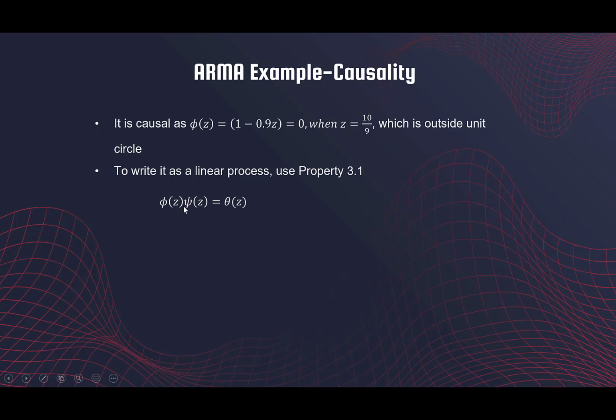So psi operator is what we need to determine, right? Phi and theta we already know, and we will use these two to determine what psi looks like. So this is a form for psi, and determining this operator psi is the same as determining all of these constants, right? So we want to determine psi 1, psi 2, so on, so that this equation holds true.